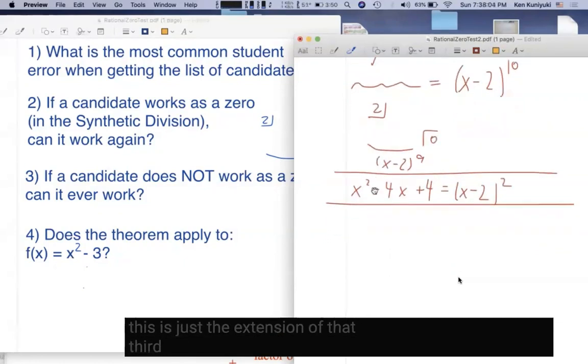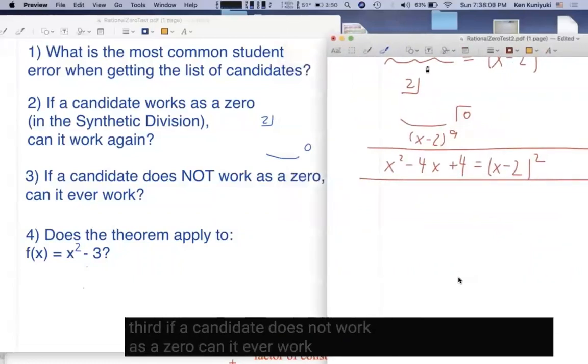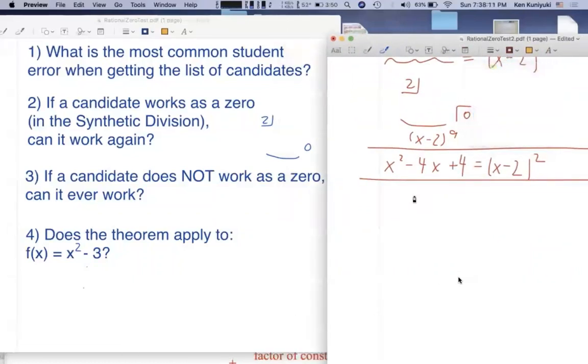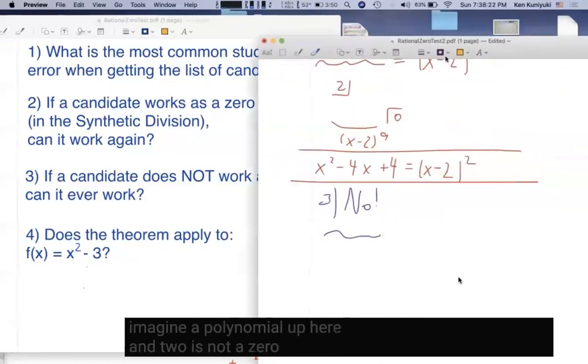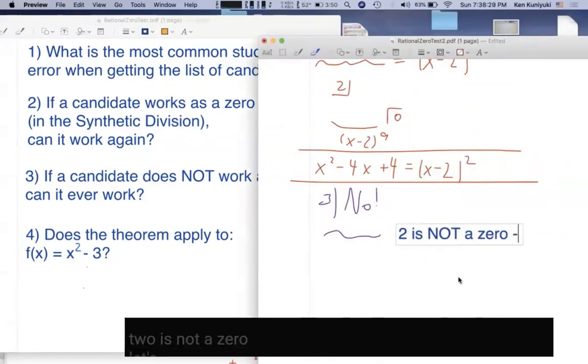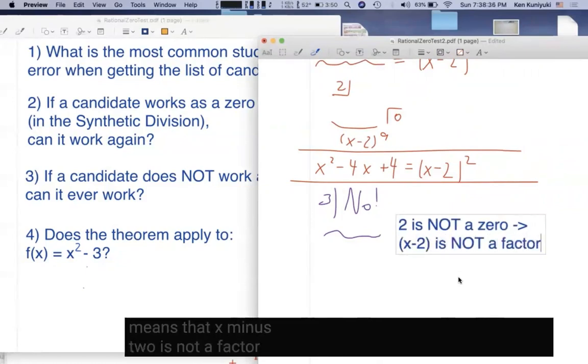Third, if a candidate does not work as a 0, can it ever work? The answer to that is no. Imagine a polynomial up here, and 2 is not a 0. Let's say it's a polynomial in x. That means that x minus 2 is not a factor.